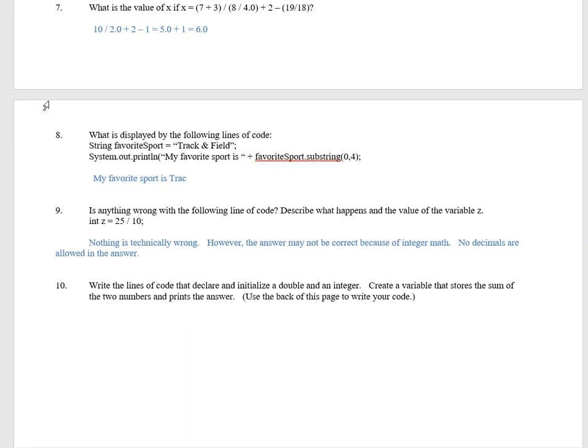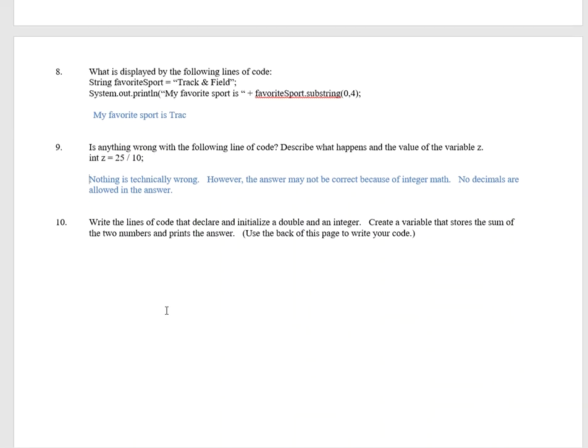I think one of you answered it correctly in that you said something about it not being a double. Well, you don't have to have a double in the answer, but you probably should. It should be like 25 divided by 10.0 and then make this a double z.